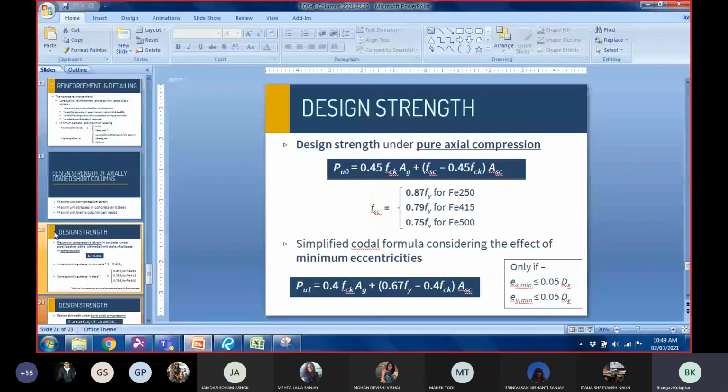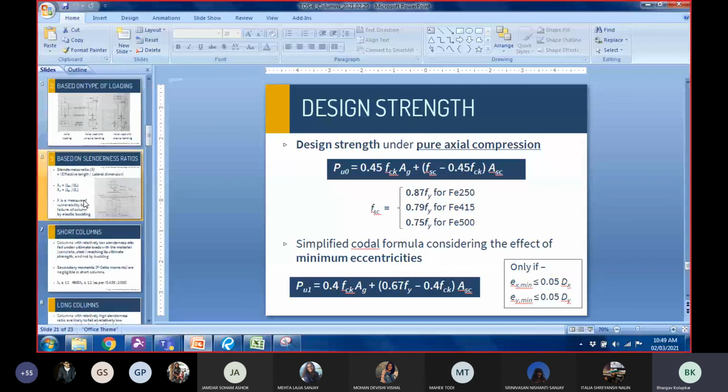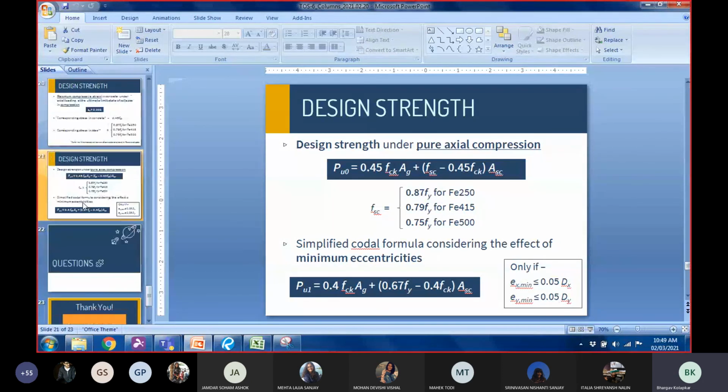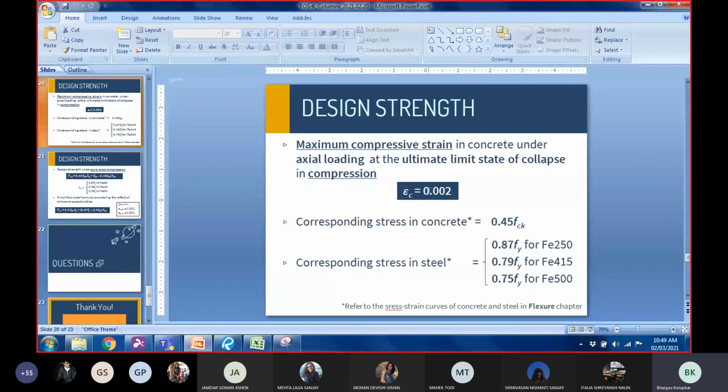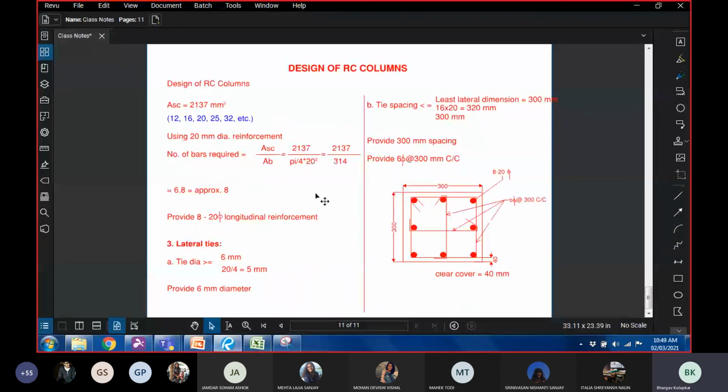That is the reason why we are so conservative in designing columns, that we say the maximum strain is 0.002. If we look at the stress strain curve for concrete, there is a lot of strain it can still take. So this is 0.002, this is 0.0035. In a beam, we say the beam fails here. In a column, we say the column fails here.